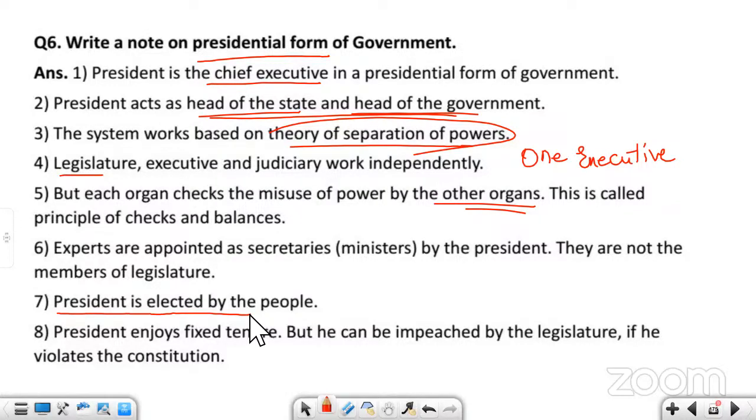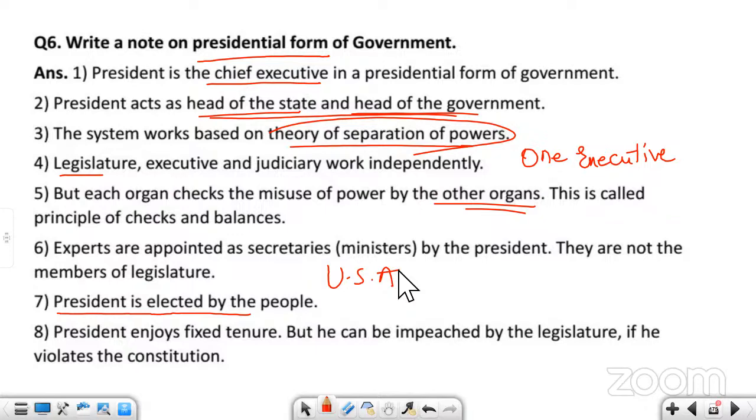For example, the president of USA is directly elected by the people of USA. Whereas in India, in the parliamentary form of government, the president is indirectly elected and the prime minister is not elected as the head of the government, but his party is elected. Being the leader of the majority party, he becomes the prime minister.